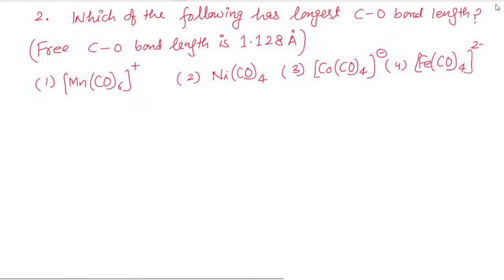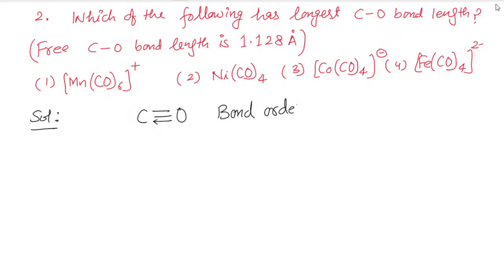Which of the following has the longest CO bond length? Free CO bond length is given to you. Now, see, CO has bond order 3.